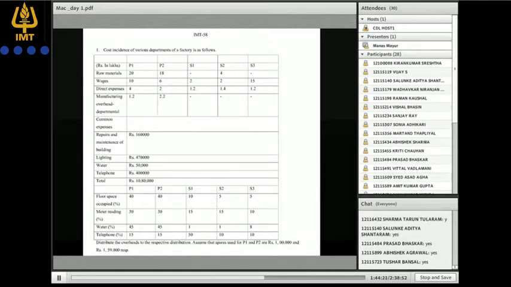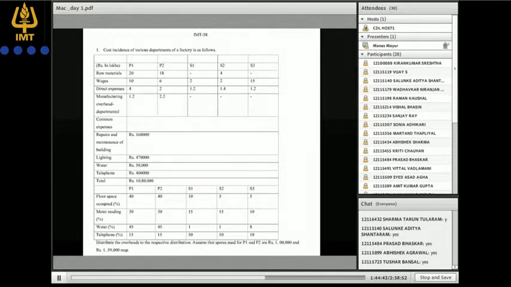For example, floor space occupied. You can see P1 occupies 40% of the total space, P2 occupies 40%, S1 occupies 10% of the total space, S2 5, and then S3 5. Meter reading is the unit of electricity in percentage.